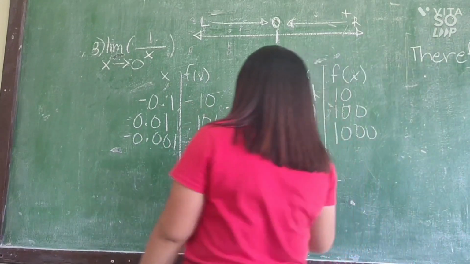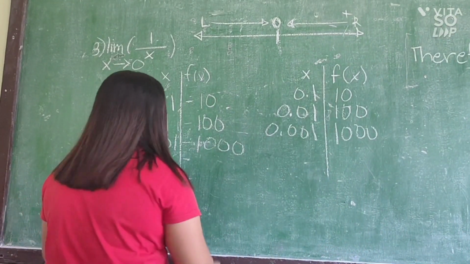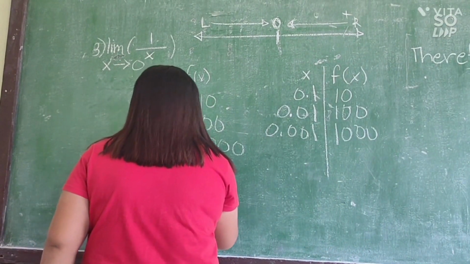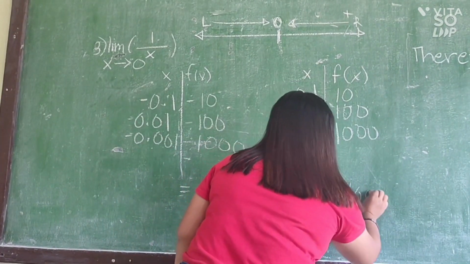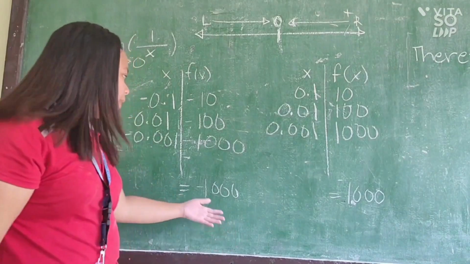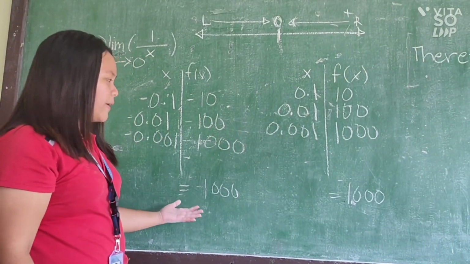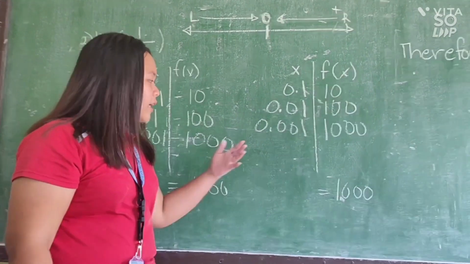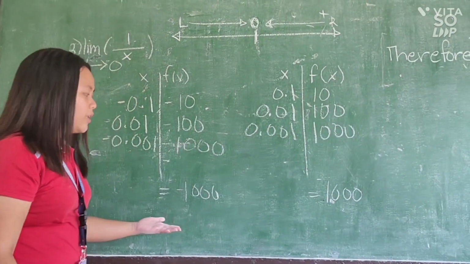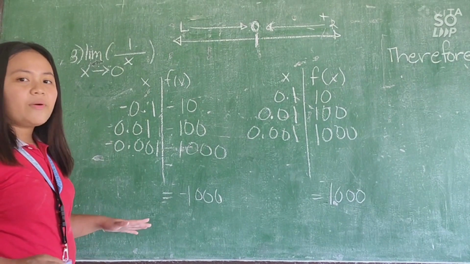So our answer is, dito sa kabila, it approaches negative infinity. And sa kabila is positive infinity. Akala natin parehas to, pero dahil hindi sila magkaparehas because of the sign, hindi sila magkaparehas ng number.